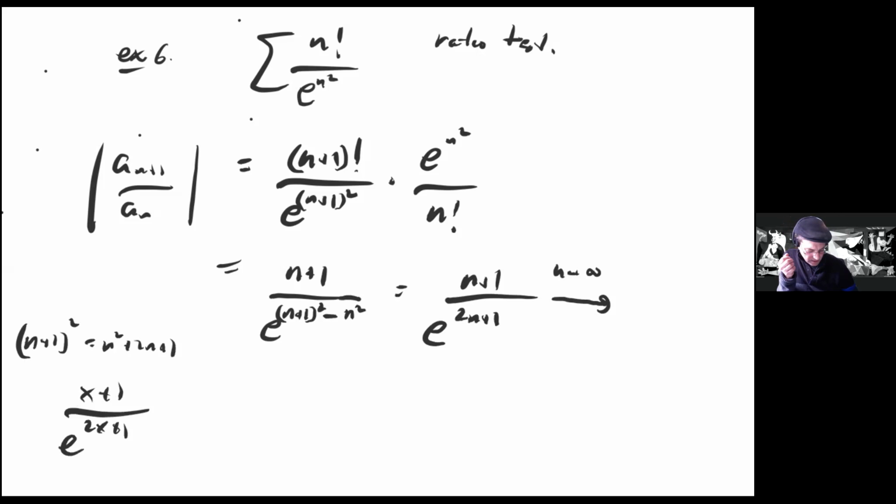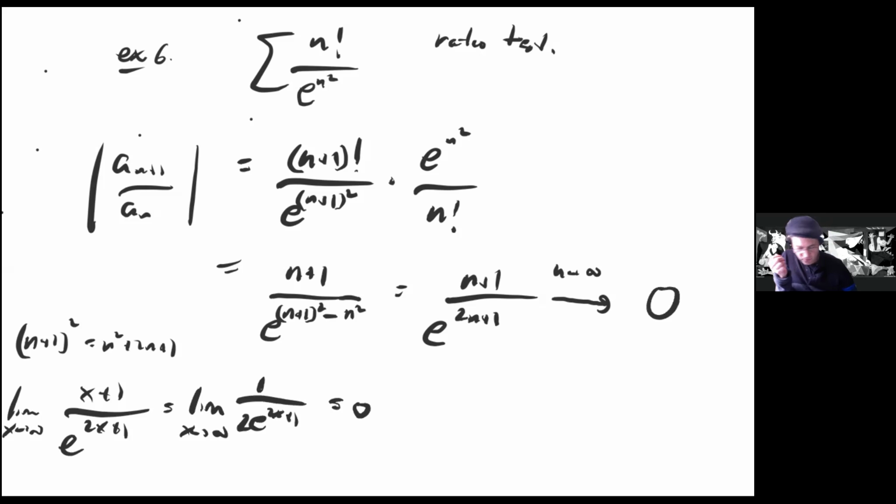If you do L'Hopital's rule, the limit as x goes to infinity of that expression is the same as the limit as x goes to infinity of 1 over 2e to the 2x plus 1, and that's going to be 0. So therefore, the limit in question is 0. And what does that tell me? Well, the ratio test tells me, therefore, that the series converges by the ratio test.